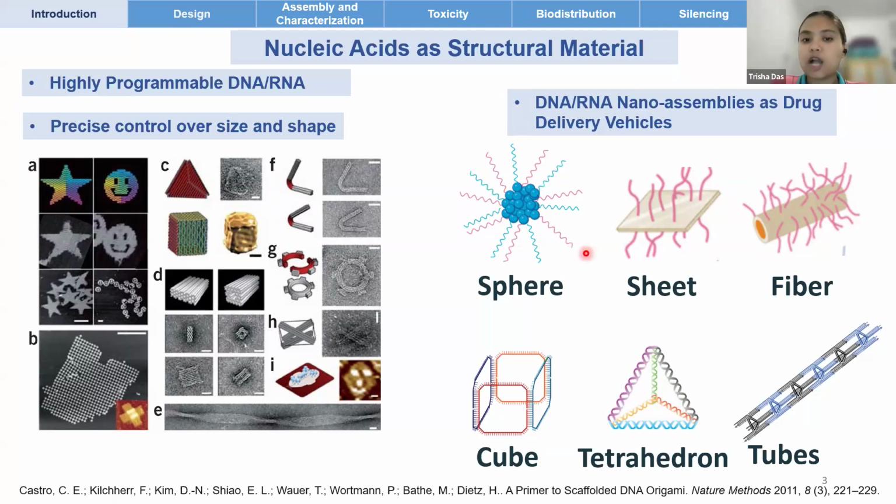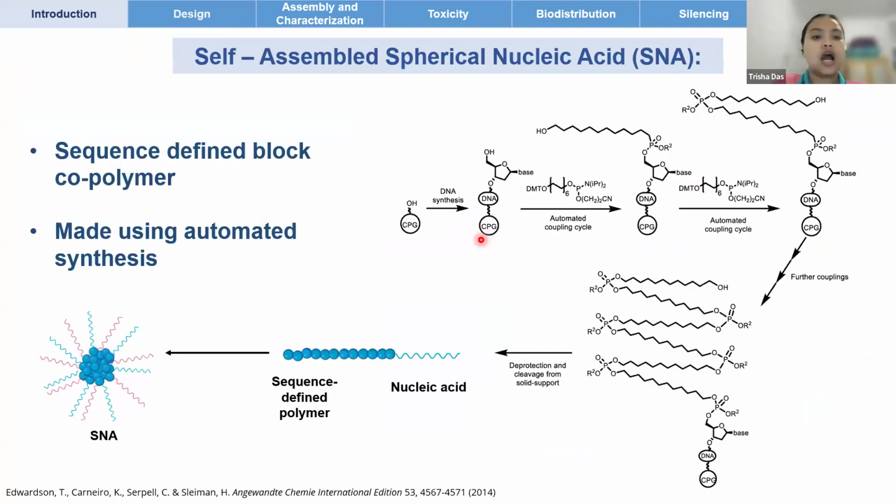So for the rest of my talk, I'll be focusing on the spherical nucleic acids, which are made up of sequence-defined copolymers. If you look at how they are formed, these are self-assembled. When you do a DNA synthesis, we can essentially add monomers one after another during the synthesis. In place of a nucleic acid monomer, you can also add something known as a non-nucleic acid monomer. And in our case, this is a dodecyl alkyl. This can be added just like a normal monomer and processed just like that, so we can add one after another.